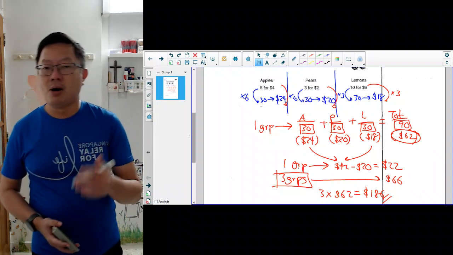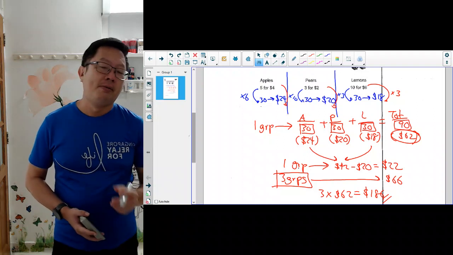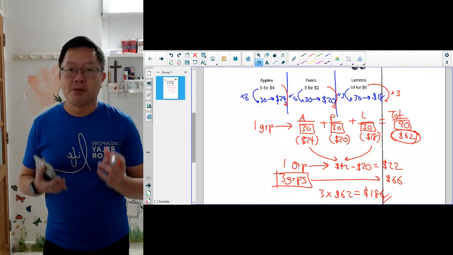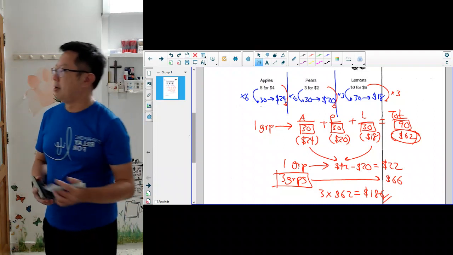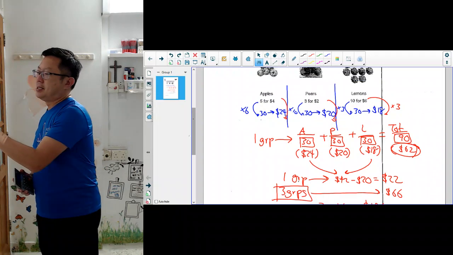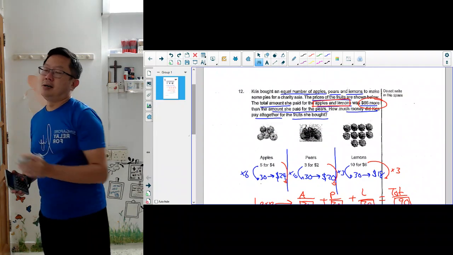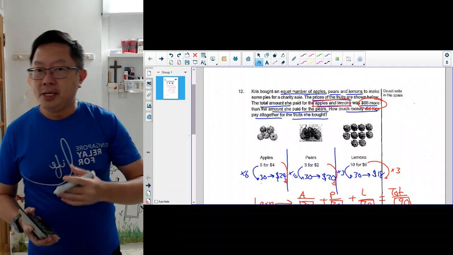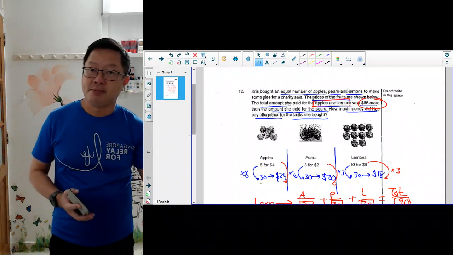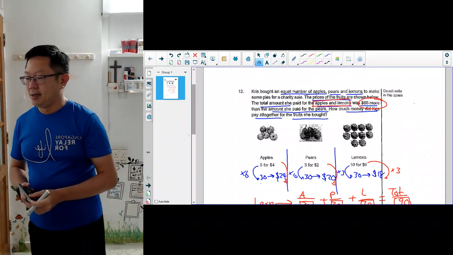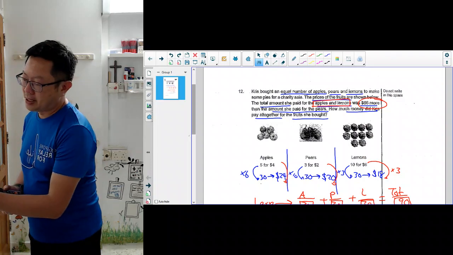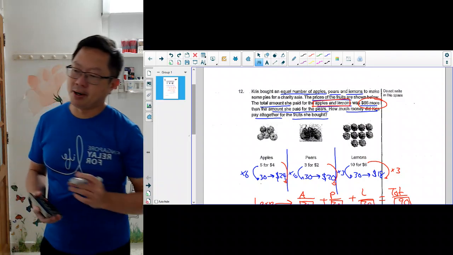So how do you know that you must use the grouping method? When you know that you can make one group. And how do you know I can make one group? Because of some clues. Some clues like what? She bought an equal number of apples, pears and lemons. There's a clue there. And I also know how many apples for how much, how many pears for how much, and so on.